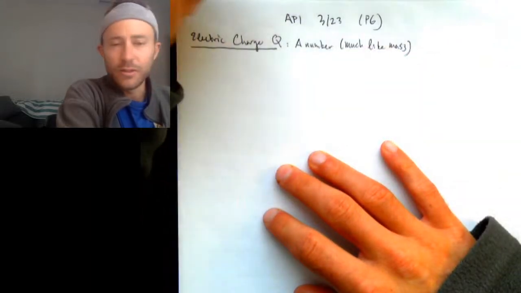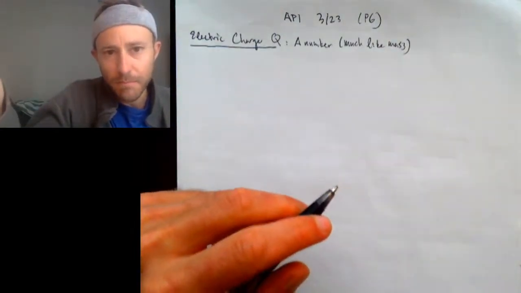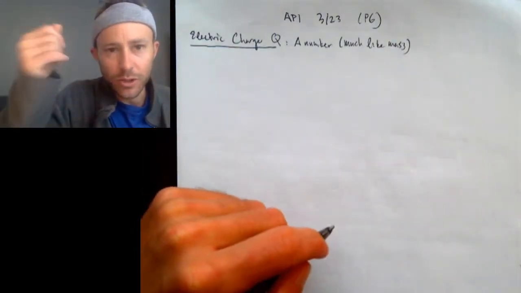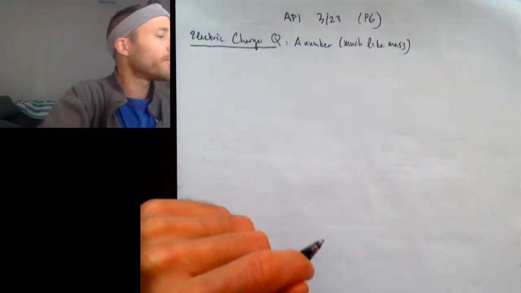If you think about mass, it's like an attribute of the thing. So charge is also another attribute that different things have.